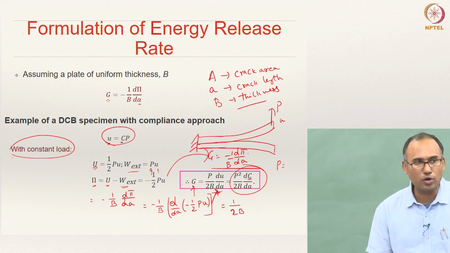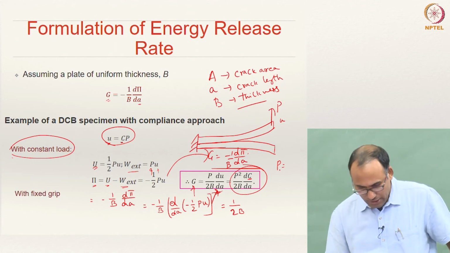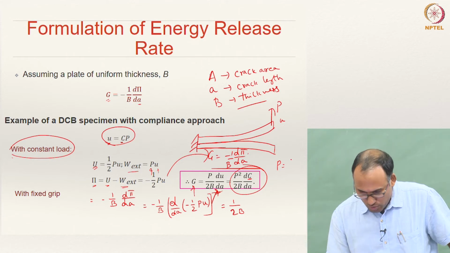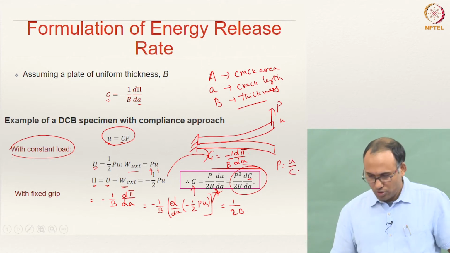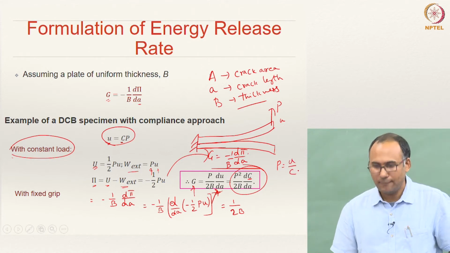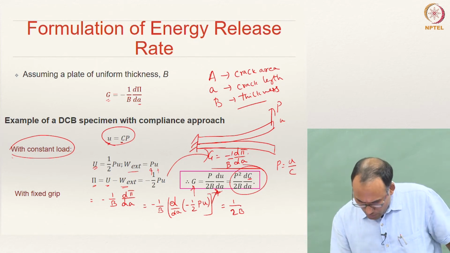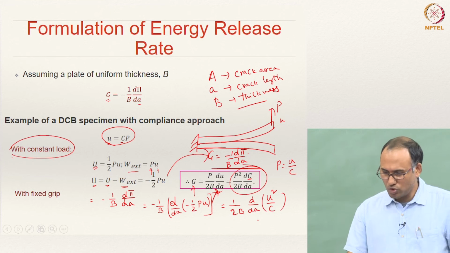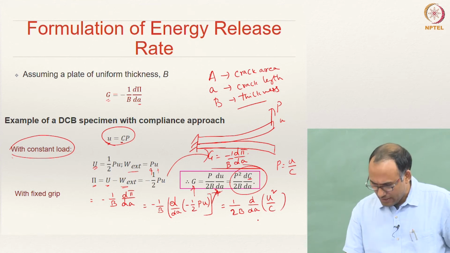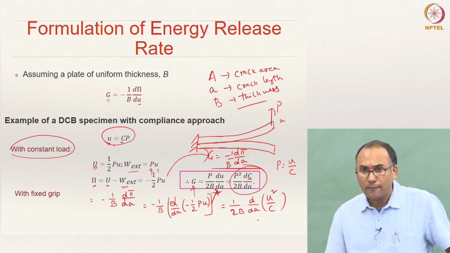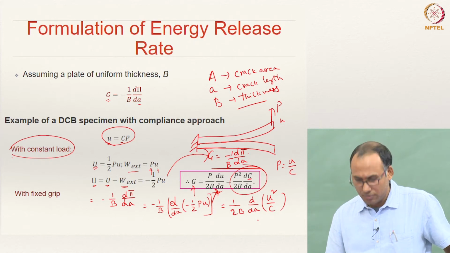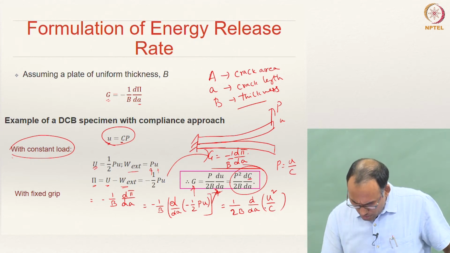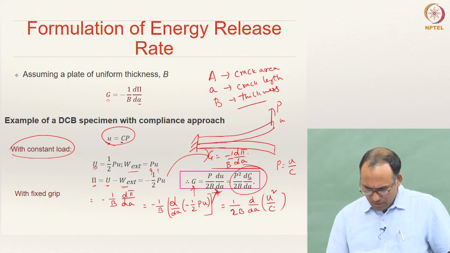Since load is constant, I can replace P with U by C, so I can write 1 by B d/dA of U squared by C. Is that correct? Did I make a mistake?